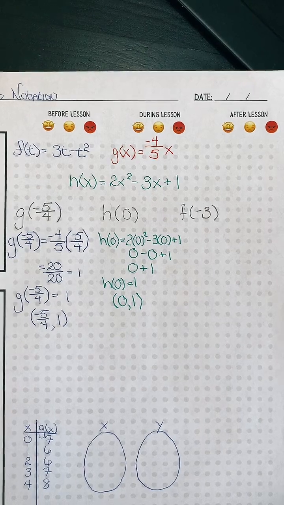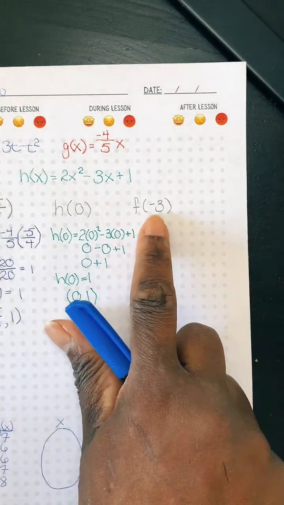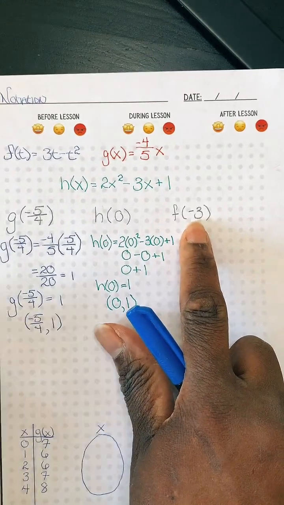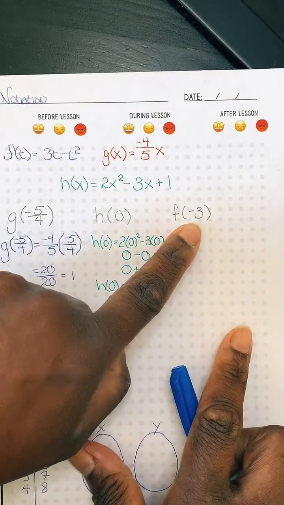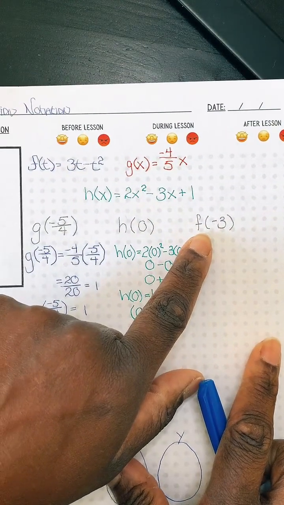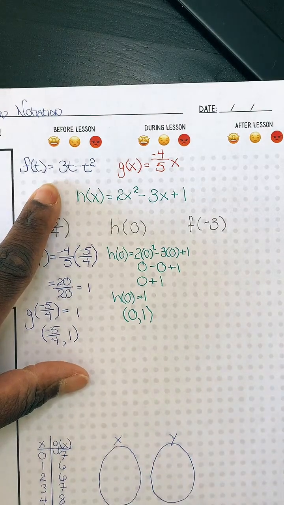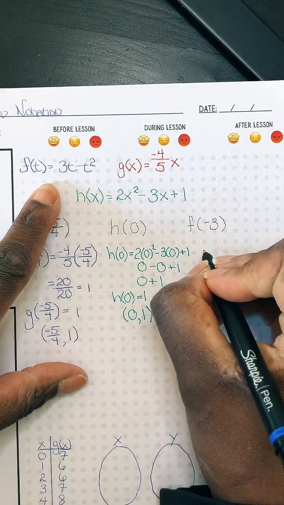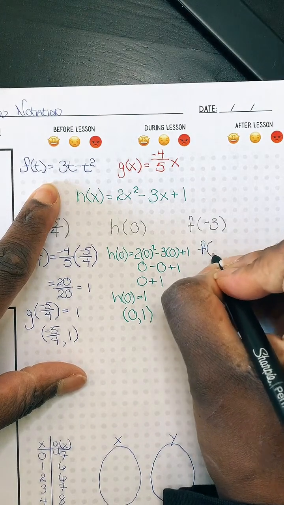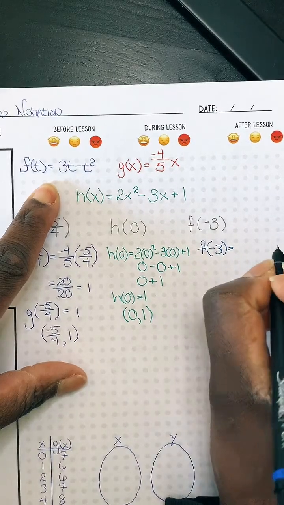All right, so now here we are with this last function, the f function. So f of -3. That means we're not substituting -3 into all three of them. We're substituting that -3 in just the f function. I'm going to write it and then slide it over for a second.